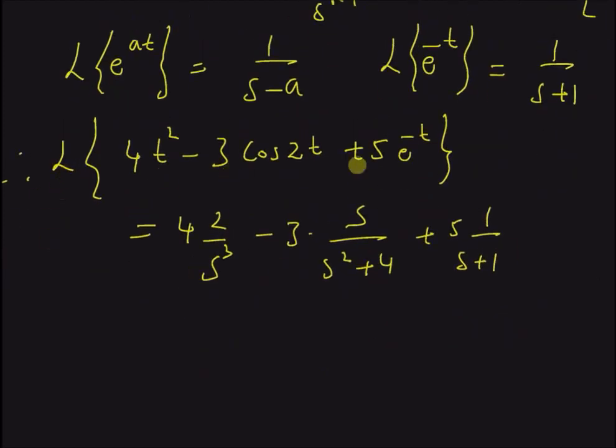Therefore, the Laplace transform of this linear combination is equal to 8 by s power 3 minus 3 into s by s square plus 4 plus 5 by s plus 1.